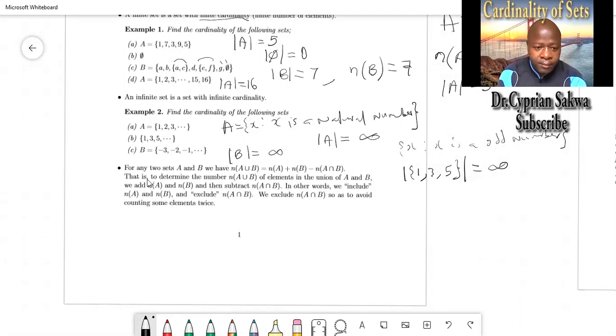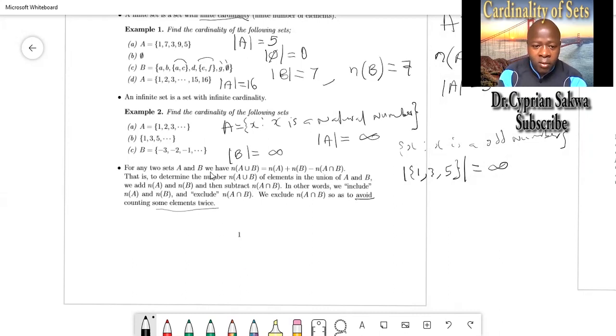So to determine the number of elements in the union, we took the number of elements in A, added the number of elements in B, and then subtracted those in the intersection, so as to avoid counting some elements several times or twice.